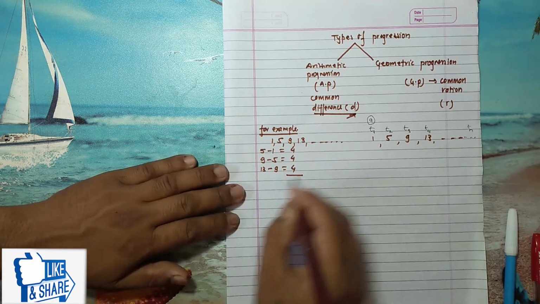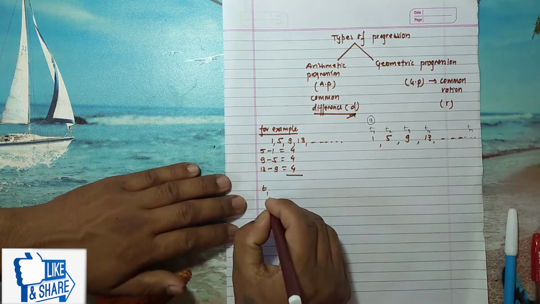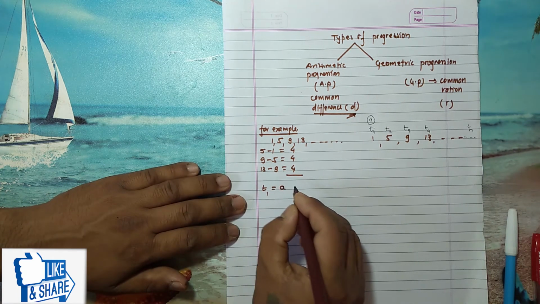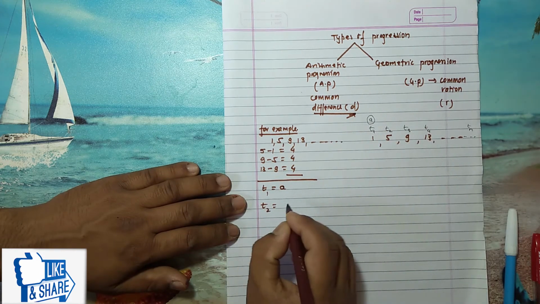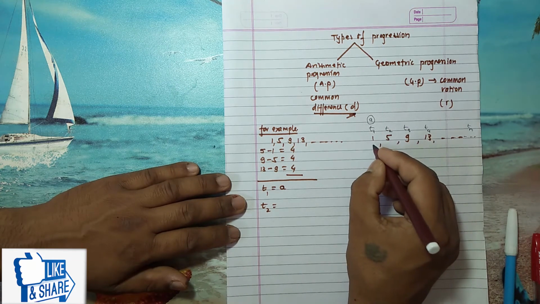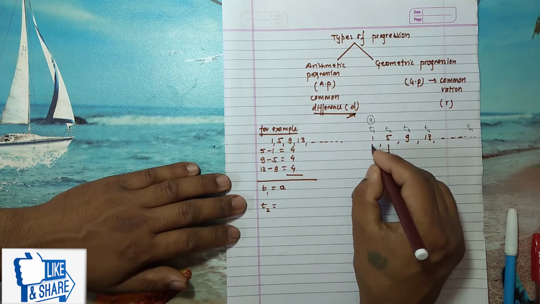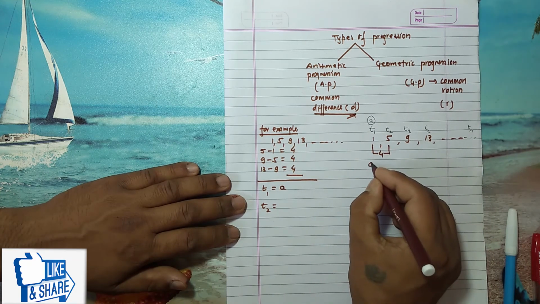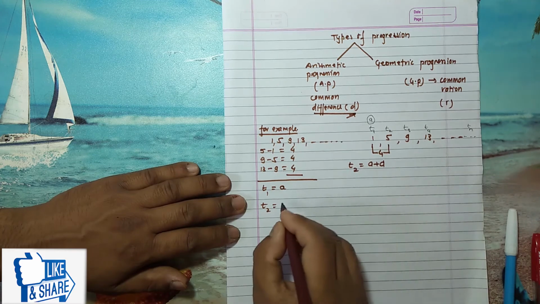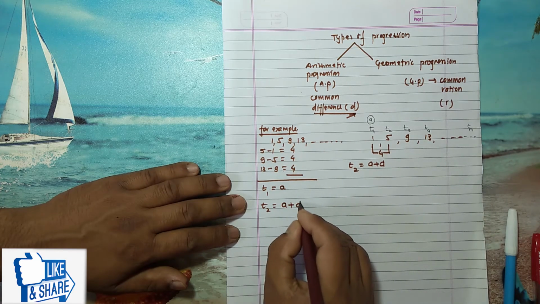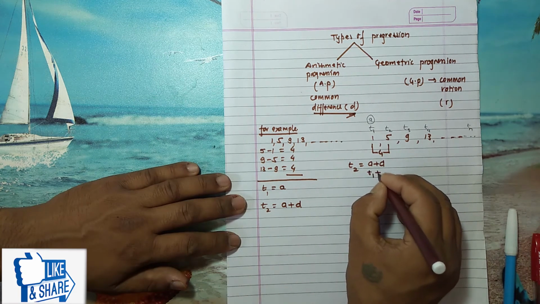Now see here, the first term is represented by T1, or we can say A. And the second term T2: how did we calculate T2? This 1 plus 4 gives 5. 1 plus 4 means A plus D. We get 5, which is T2. So I write here A plus D, or I can also say T1 plus D.